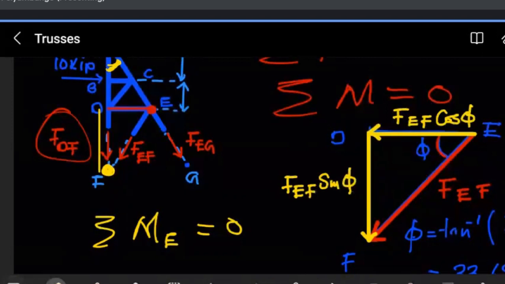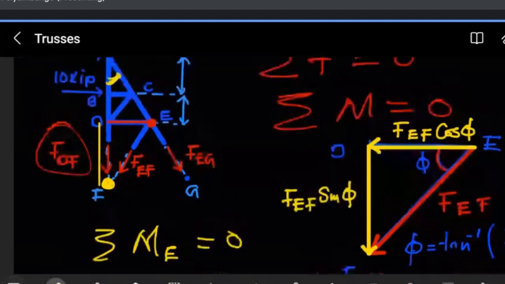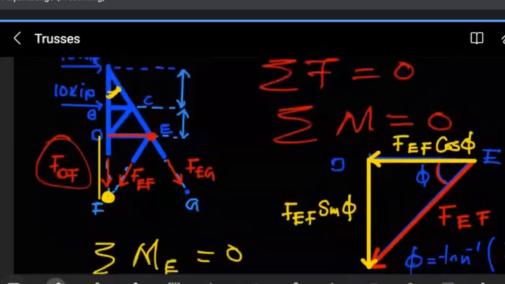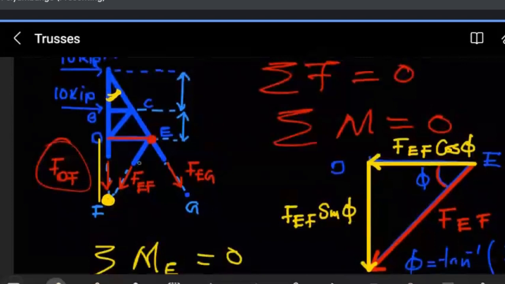In this case, which approach is going to be better? If we choose to go with the sum of forces, what are we going to need? For the sum of forces in the y-axis, we need the y component of this, the y component of this one as well. So we need to get the components there.